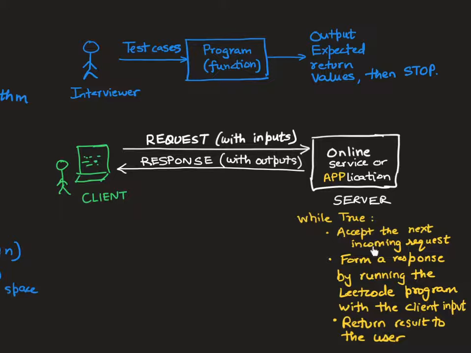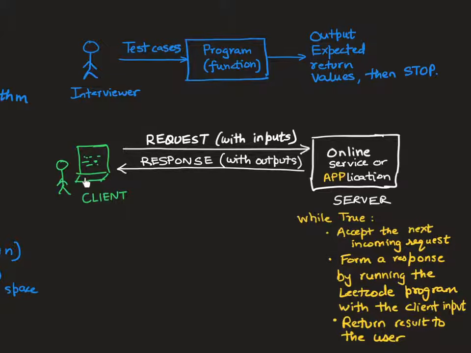It accepts the next incoming request, runs your LeetCode program, generates the return values and returns those values to the user, and then it goes back to listening for the next incoming request from the next client. So it's always on, it's never turned off. The client program, on the other hand, usually terminates after getting the response back. At least that's the way we conceptually look at it.